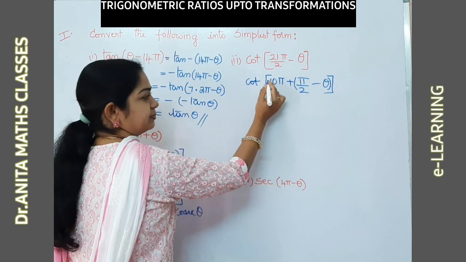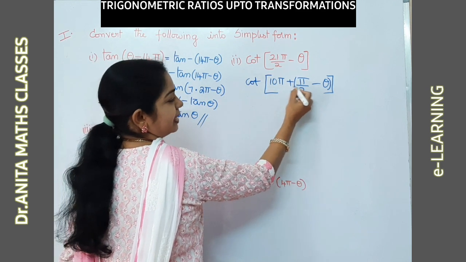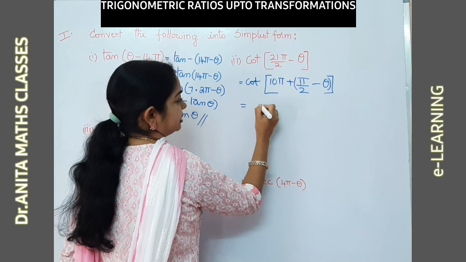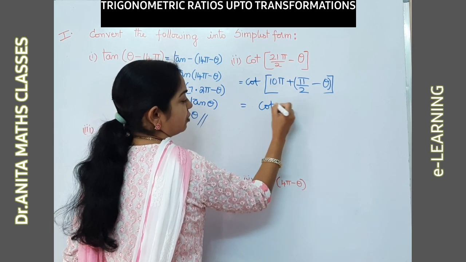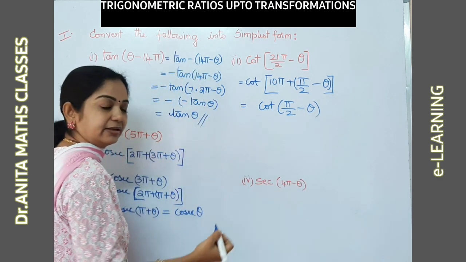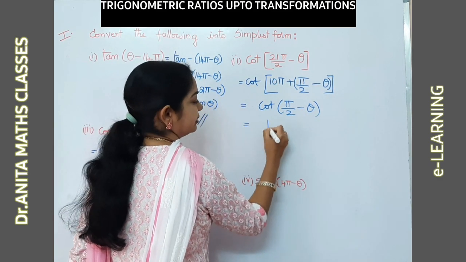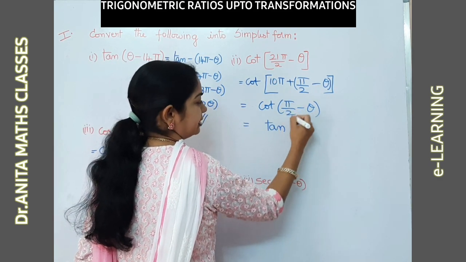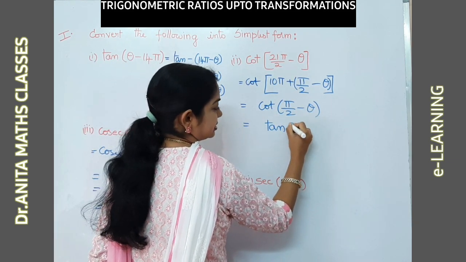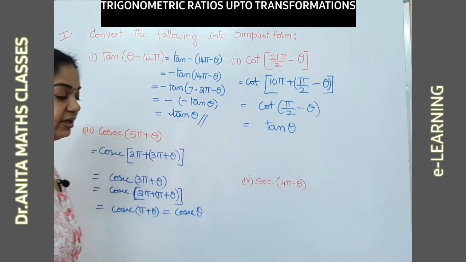So this becomes n pi plus, and this all becomes theta. So this is nothing but cot of (pi by 2 minus theta). Now cot of pi by 2 is nothing but tan, because at 90 degrees the cot function changes to the tan function. So tan theta is the final answer.